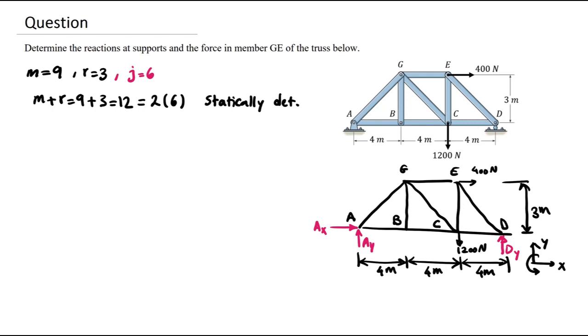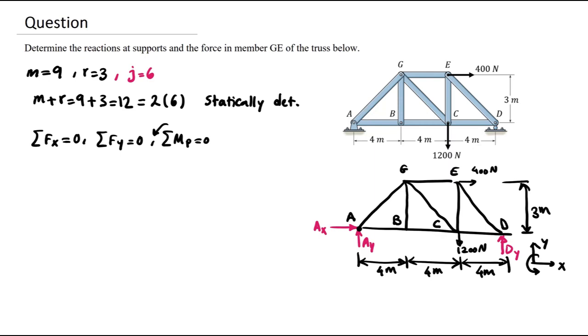I'm going to write down the equilibrium equations. Equilibrium equations: sum of forces along x-axis equal to 0, sum of forces along y-axis equal to 0, and sum of moment about a particular point is equal to 0. Counterclockwise is always positive. I'm going to start with the moment equation. I'm going to pick point A to get rid of AX and AY.